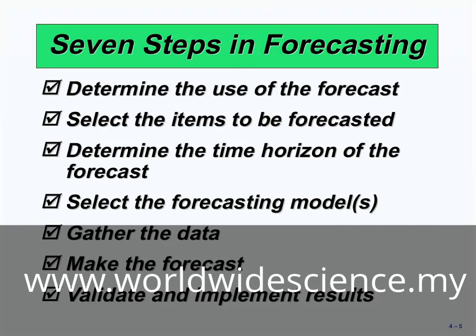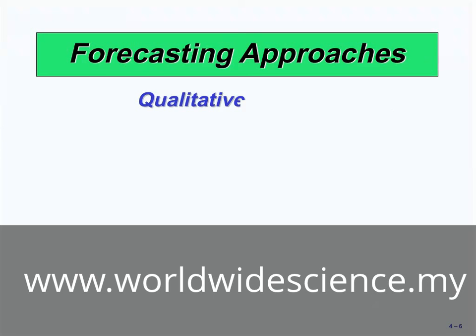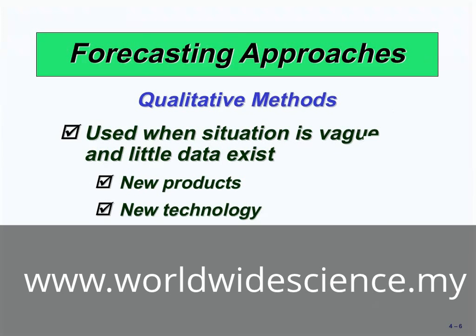So there are 7 steps in forecasting. Determine the use of the forecast, select the item to be forecasted, determine the time horizon, select the forecasting model that we will discuss now, gather the data, make the forecast, and then make the better decision or implement the result. Forecasting approach, qualitative methods.